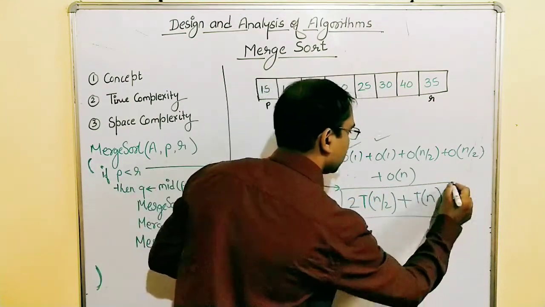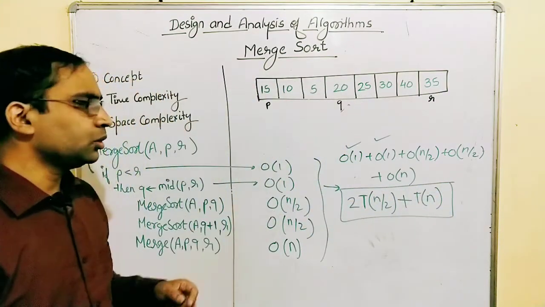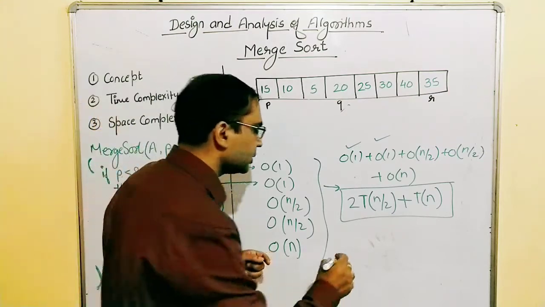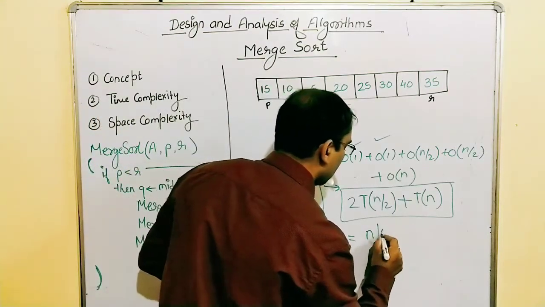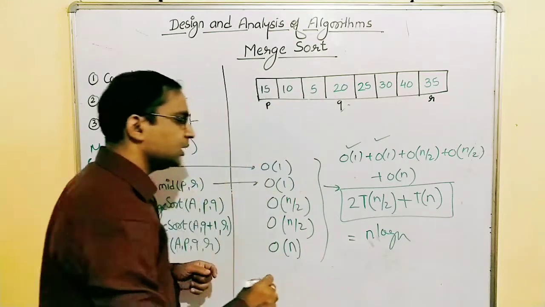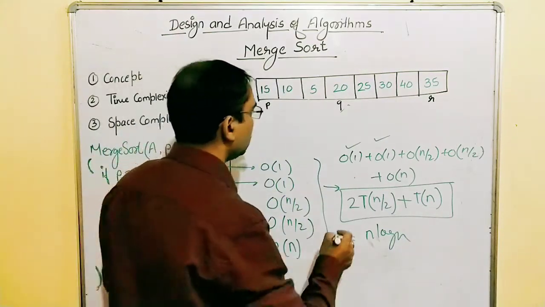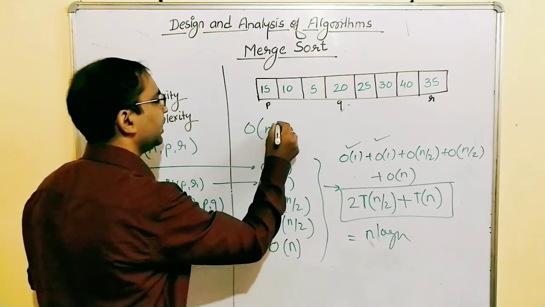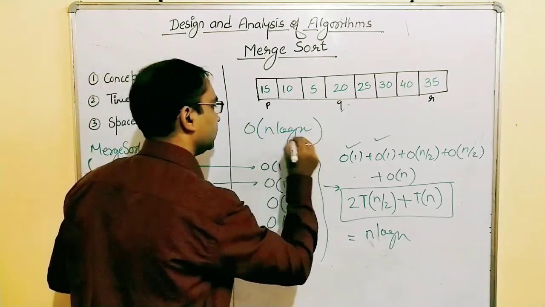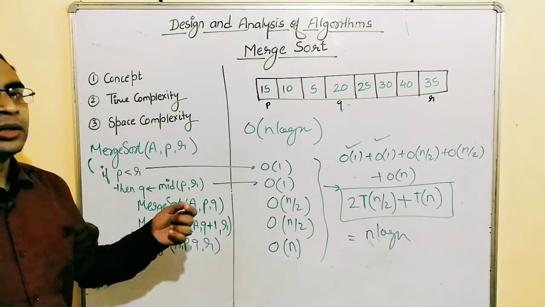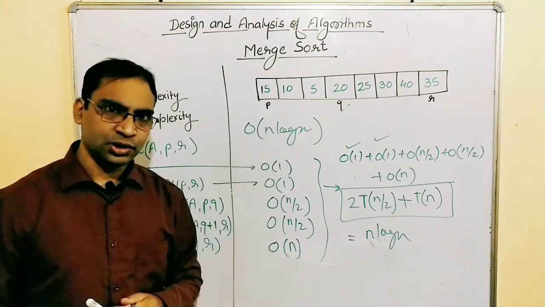This is the recurrence relation, and the solution to this recurrence relation is n log n. So the time complexity of this merge sort comes to be order of n log n.